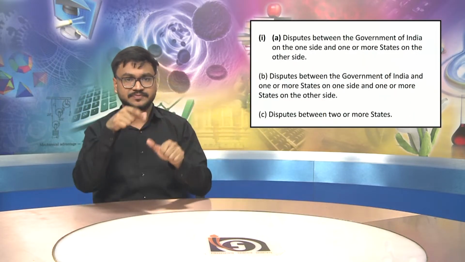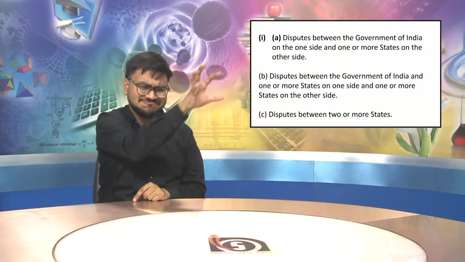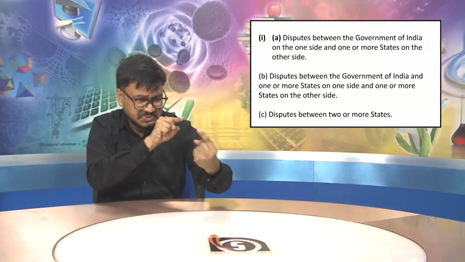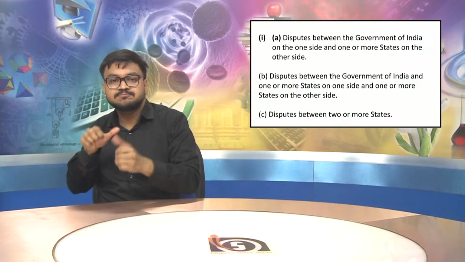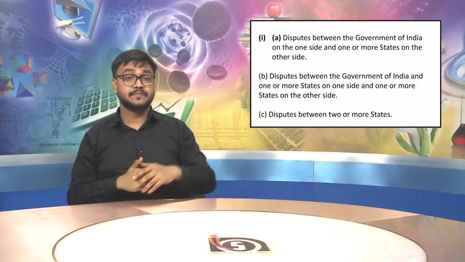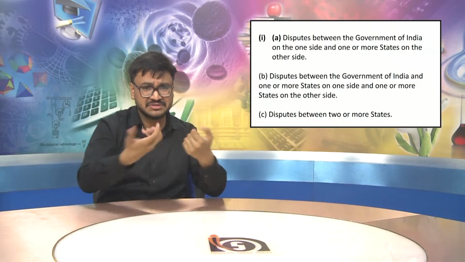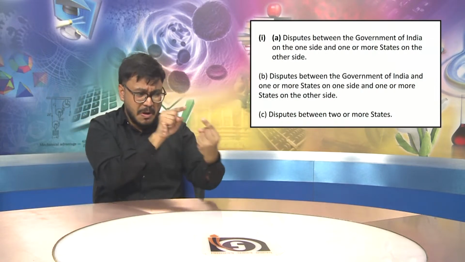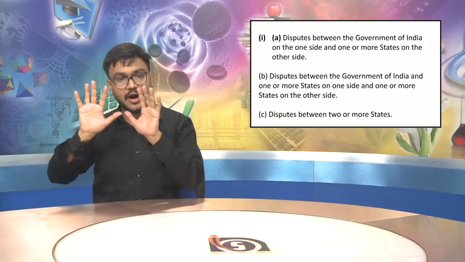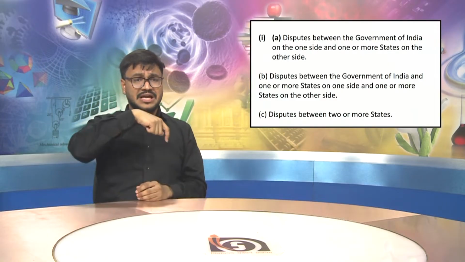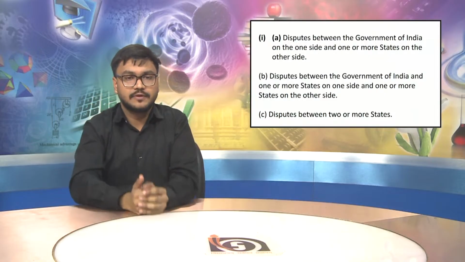First, disputes between the Government of India on the one side and one or more states on the other side. Second, disputes between the Government of India and one or more states on one side and one or more states on the other side. And third, disputes between two or more states.